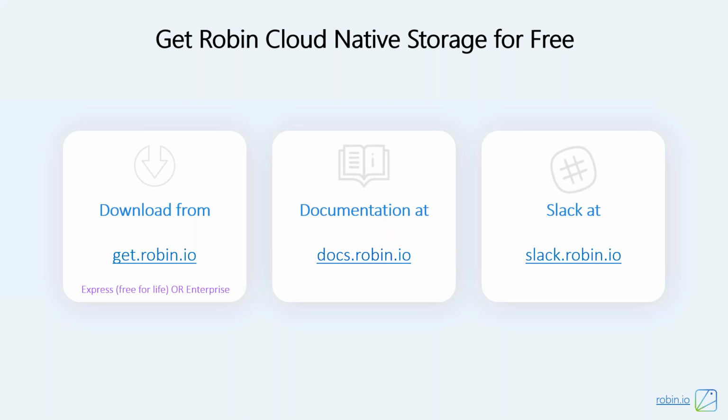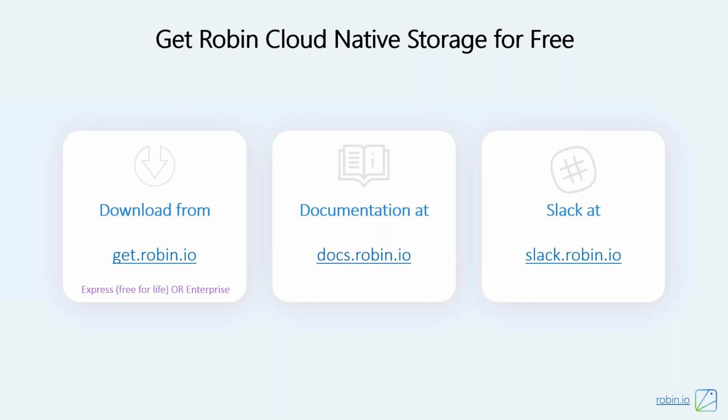So deploying and trying or even using the free edition is pretty easy. If you want consolidated billing, if you are a Google customer or a Red Hat customer, and want to buy from their marketplace so that the billing is consolidated, right now there are two options with Red Hat Marketplace and Google Marketplace, and we are working on a couple of others.